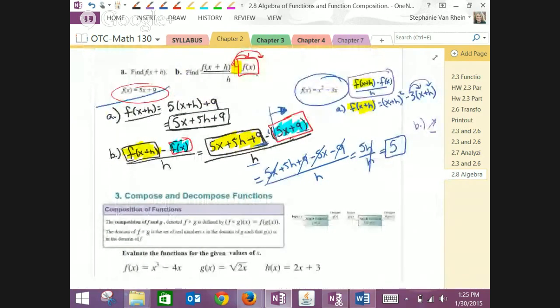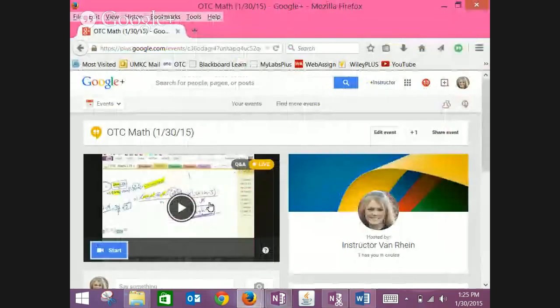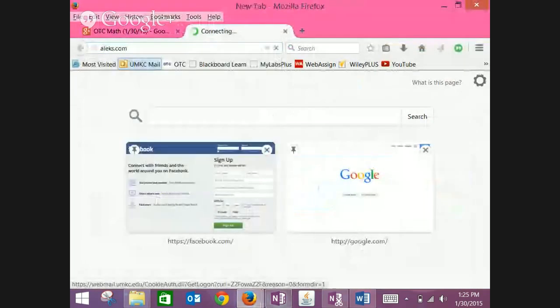Let's go to Alex, since we're going to spend 2 days on this section.